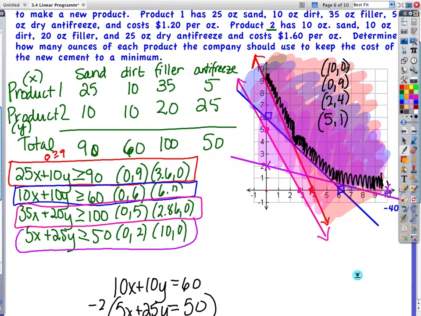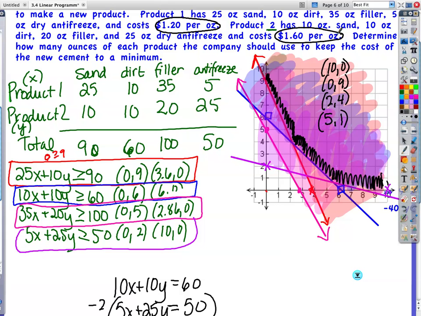Okay, now the next thing is we need to write a max profit or a minimum cost statement. Product 1 is $1.20 per ounce. Product 2 costs $1.60 per ounce.